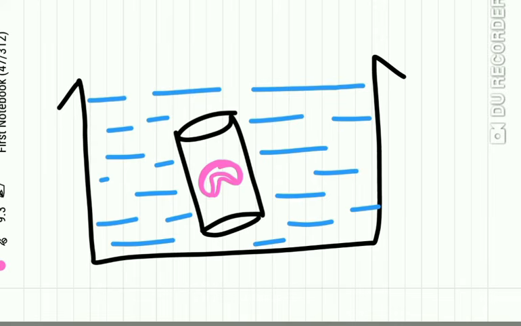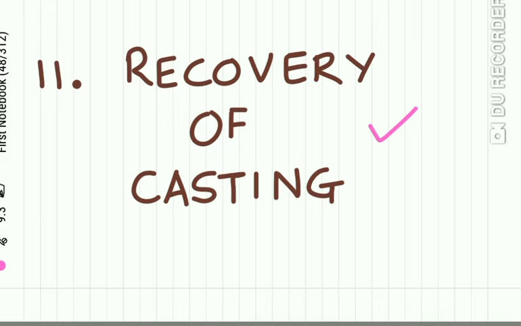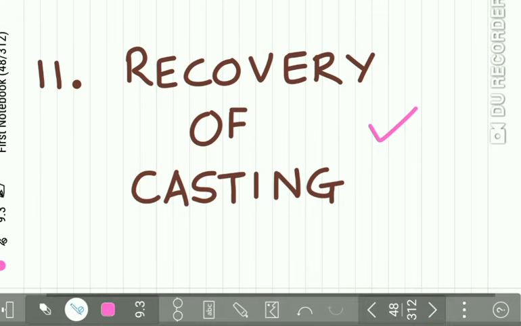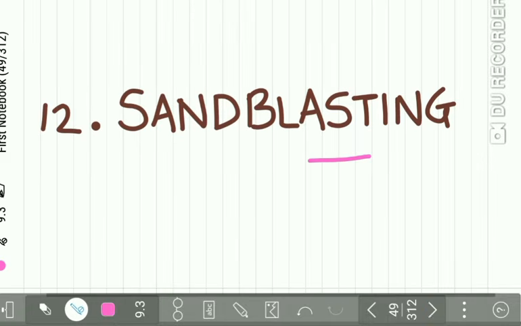This quenching of the alloy of the casting ring causes fragmentation of the investment material and easy removal. Then the recovery of the casting is done. The investment is removed after quenching and casting is recovered. The next step is sandblasting. The recovered casting is cleaned up using a sandblasting machine.